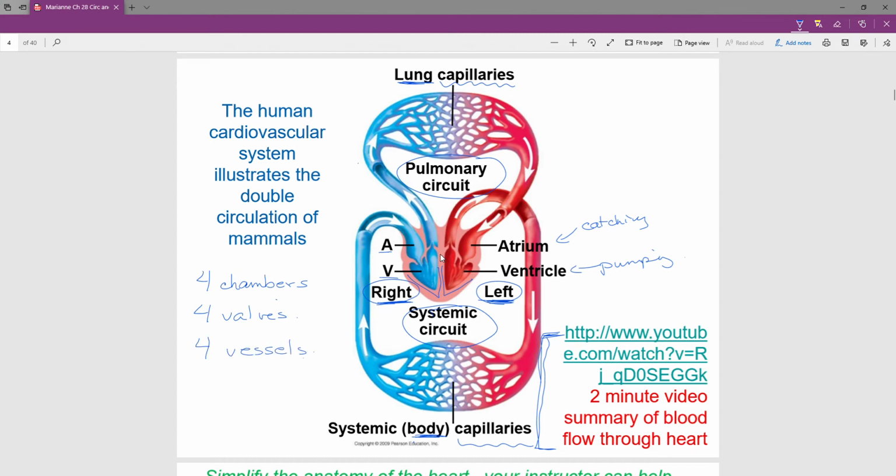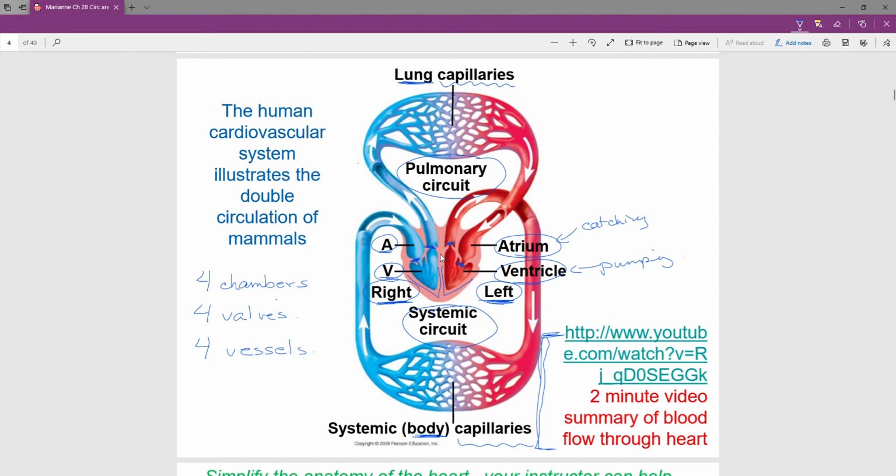The four chambers are easy to get started with: your right atrium, your right ventricle, your left atrium, and your left ventricle. Each of the four valves is at the exit of a chamber. We'd have a valve here, here, here, and here. That's the exit of each of the chambers.